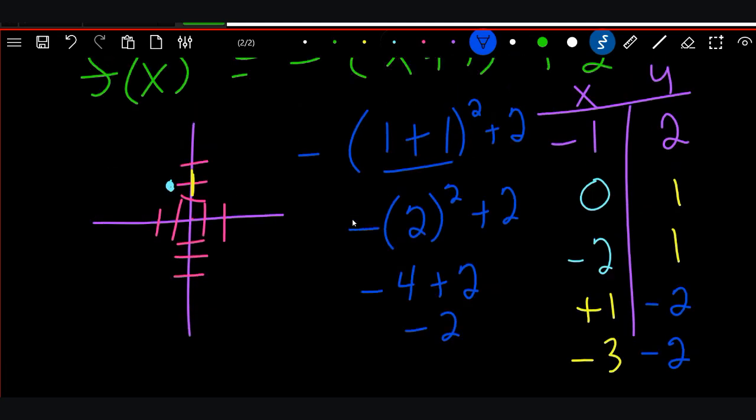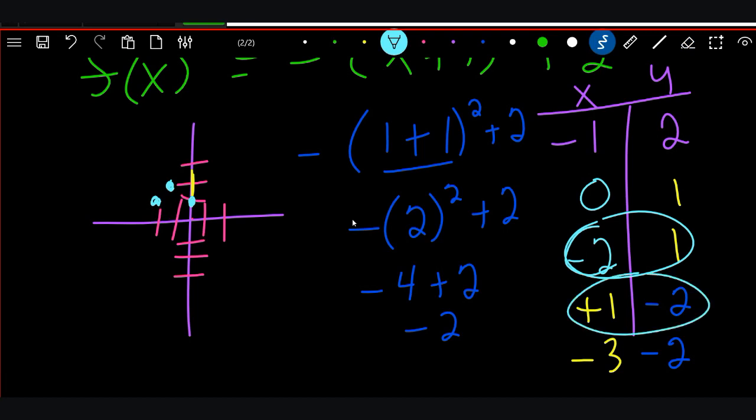All right, so let's go ahead and plug in our points. So now we have a point at 0, 1. So we're at 0, and then we're up 1. So we're right here. And then we have one at negative 2, 1. So 1, 2, 1. So we're right here. Next, we are at positive 1, negative 2.